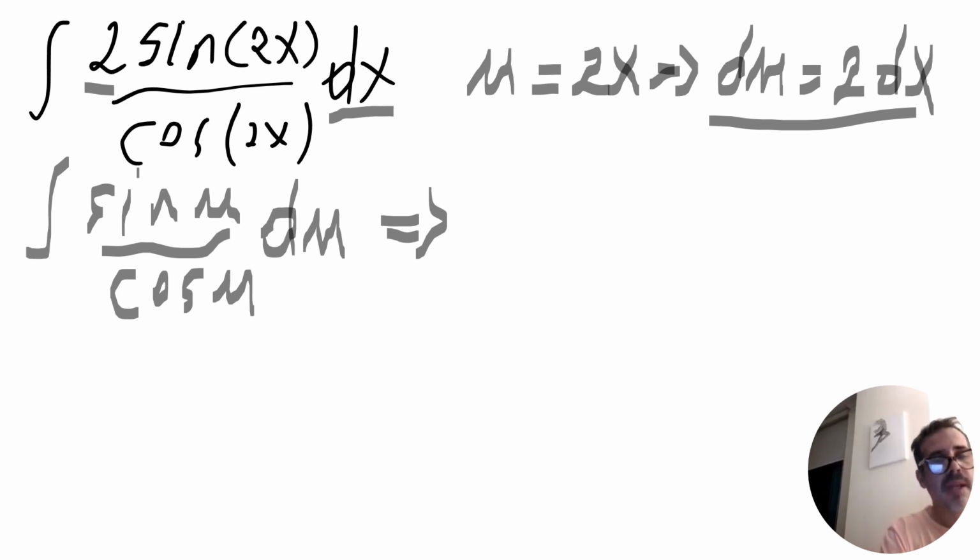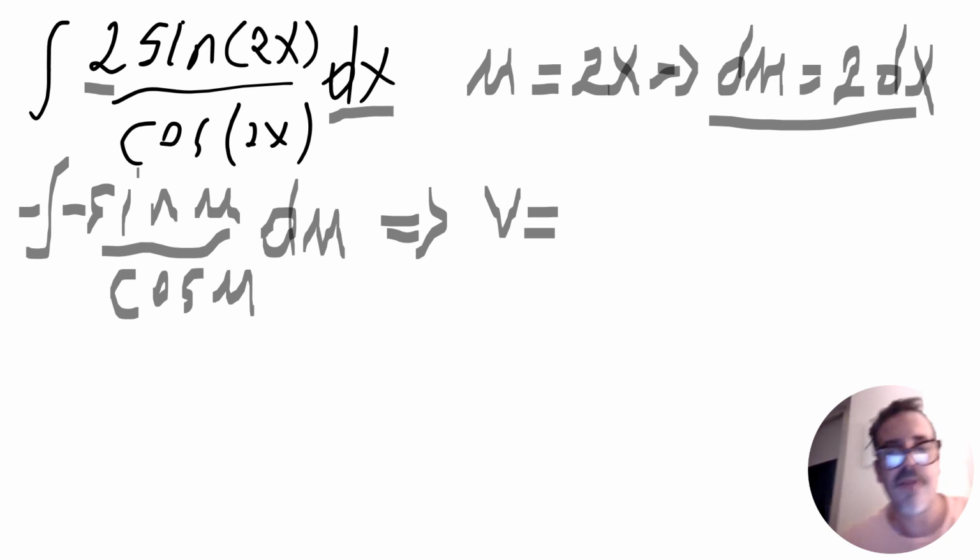So if we manipulate this integral and put a minus here and a minus here, then by calling a new variable v, what I have in the denominator of my integral, I can again leverage substitution to simplify it.